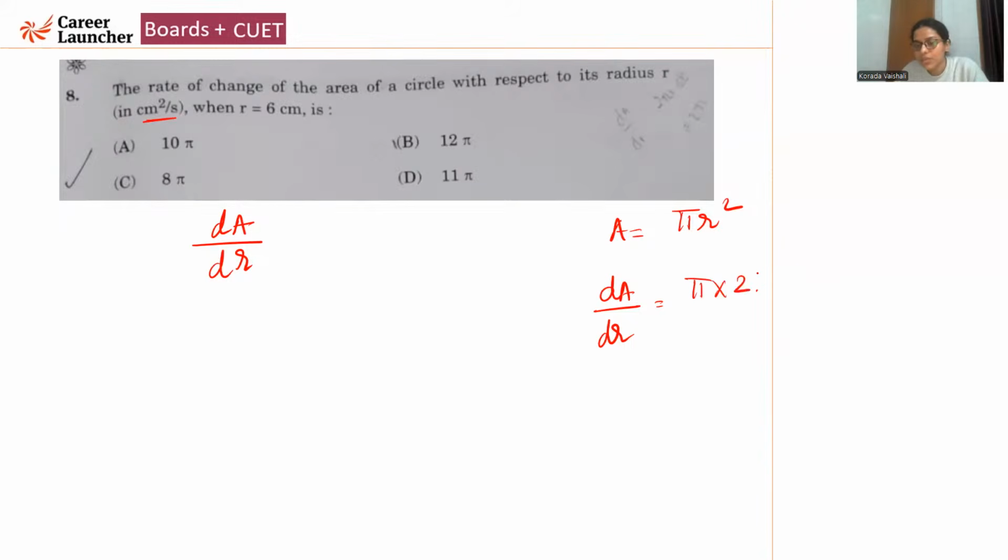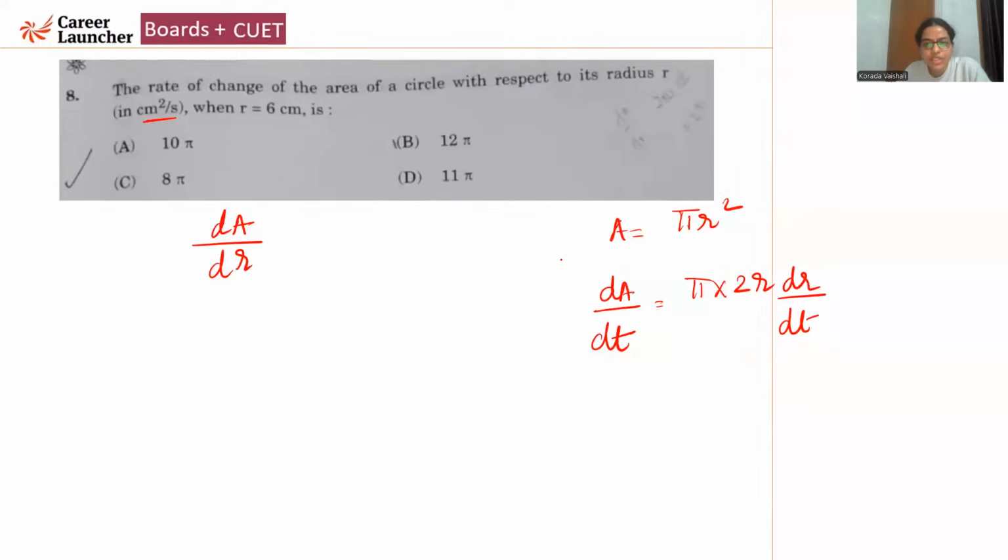Pi into 2R dr by dt. So what you need to do is basically consider the value here as dt, right? Is it given to us what the change in radius with respect to time is? Yes or no? You can comment in the chat and let me know.